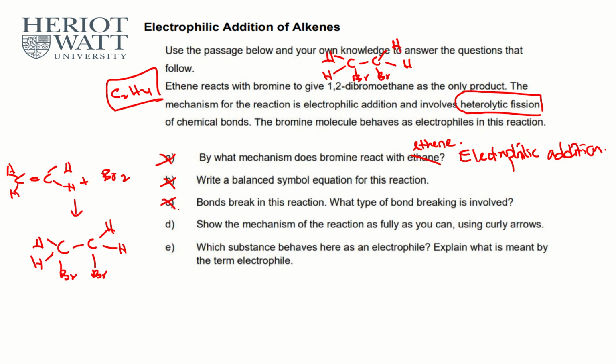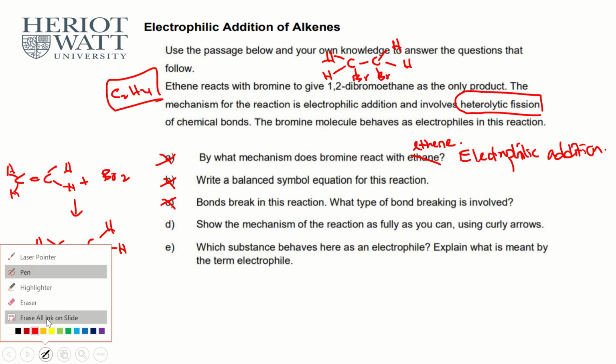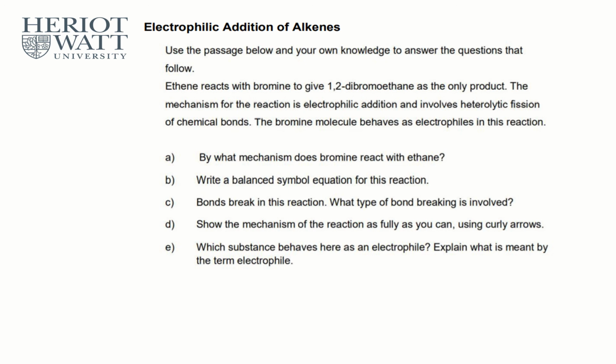All right. So for part D, show the mechanism of the reaction as fully as you can using curly arrows. Now I mentioned that in the summary: when you draw or construct a reaction mechanism, please make sure that you include all the little details like dipole, delta positive, delta negative. You need the lone pairs so that it makes sense.